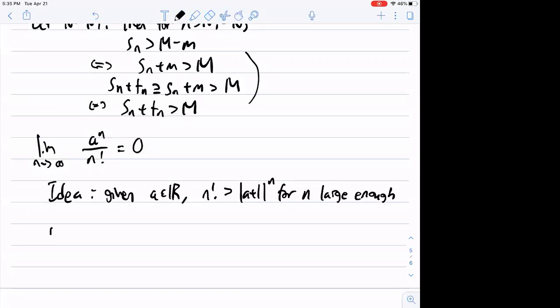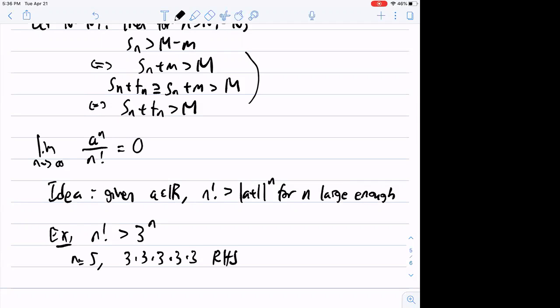So for example, n factorial is bigger than 3 to the n, just to convince you all. If n is large, let's say n is 5, on the right-hand side I'm multiplying 3 five times.